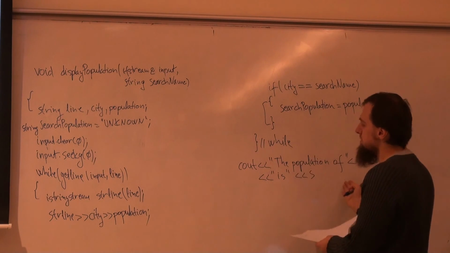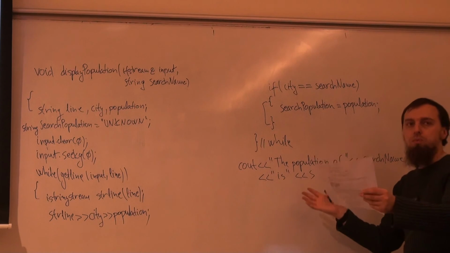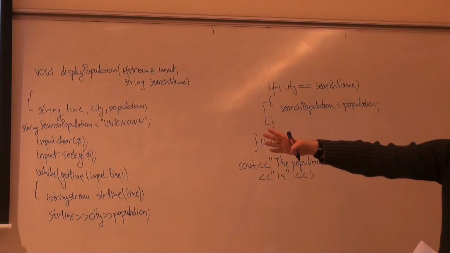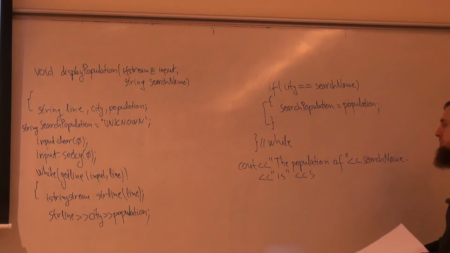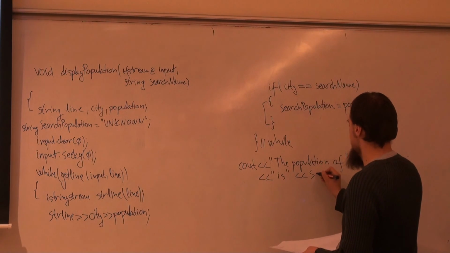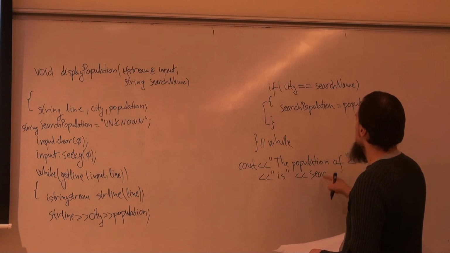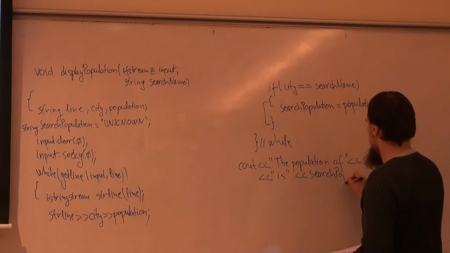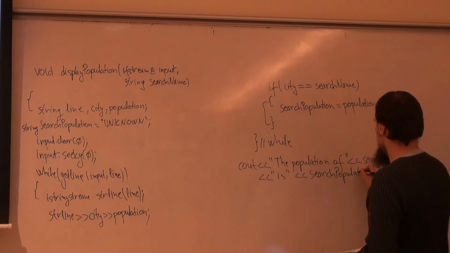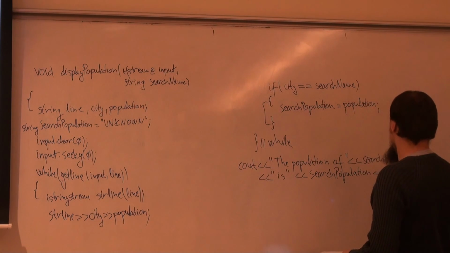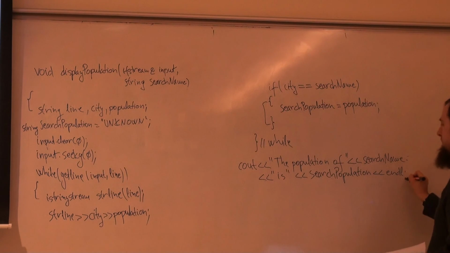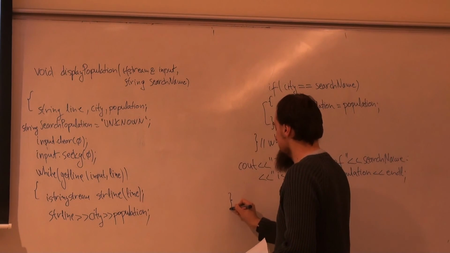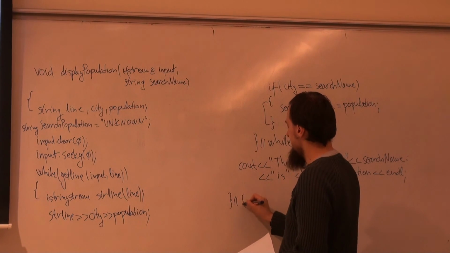If it's unknown, we'll say, okay, the population of Skopje or New York is unknown. Otherwise, the population of Istanbul, for instance, is approximately 10 million. We keep it in the search population. We don't have to return anything. So this is for the function.